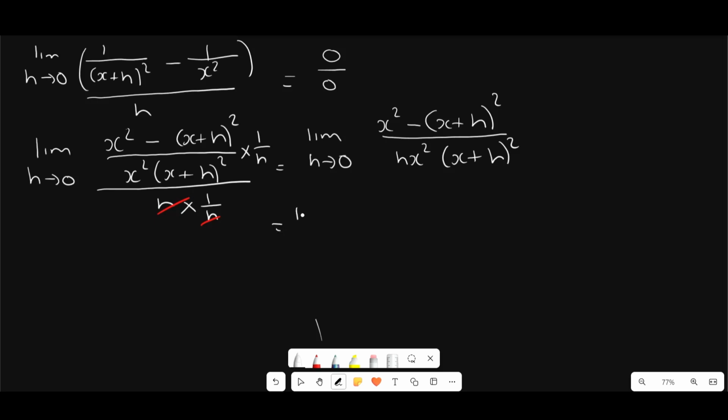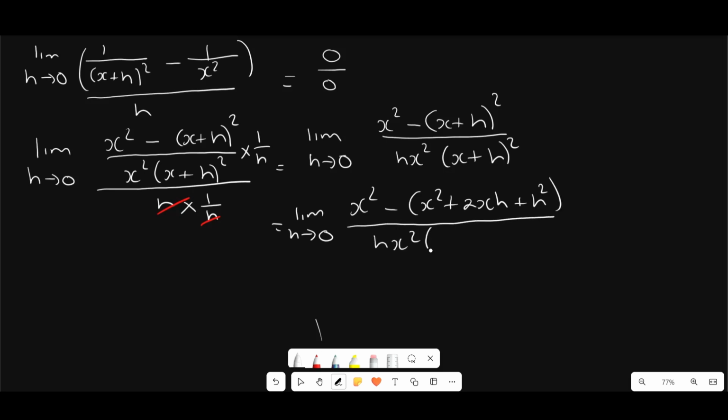Therefore, what I can do now is the limit as h approaches 0, and open this bracket up: x squared minus x squared plus 2xh plus h squared, all divided by h times x squared times (x squared plus 2xh plus h squared).